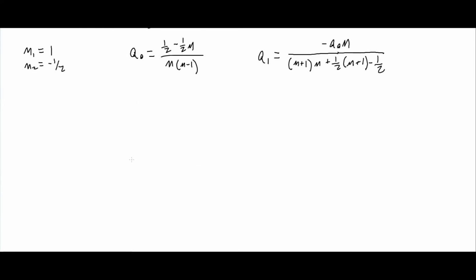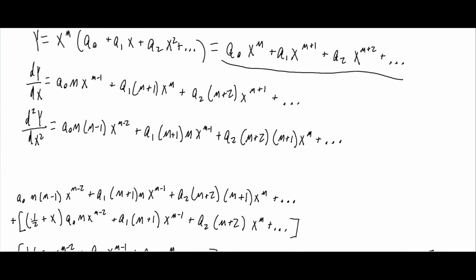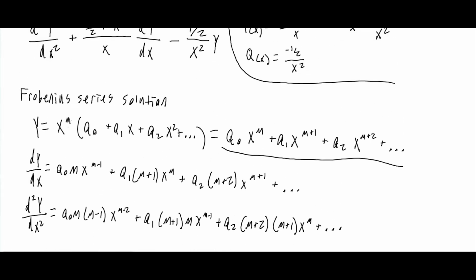And so from there, if we solve for each of these coefficients, what we end up with for our original equation is two different solutions. The two different solutions come from these two different m values. So if we solve this for m equals 1, we end up with this solution where this is x to the 1. Remember, we started with our Frobenius series solution with x to the m.